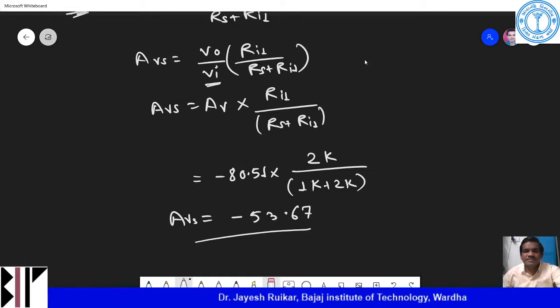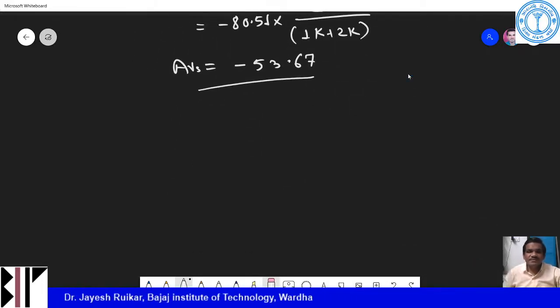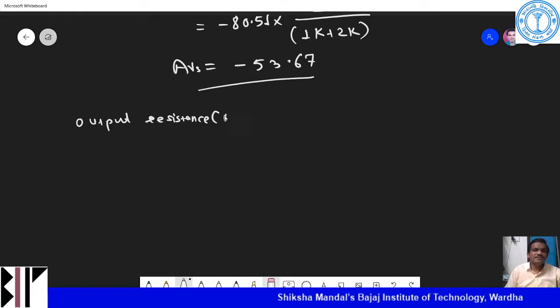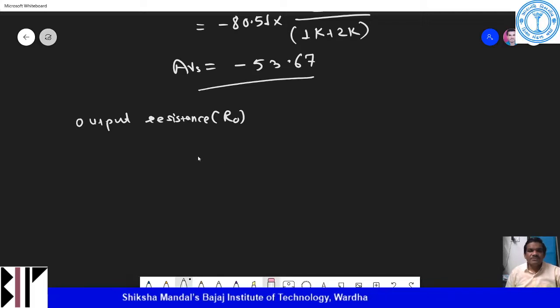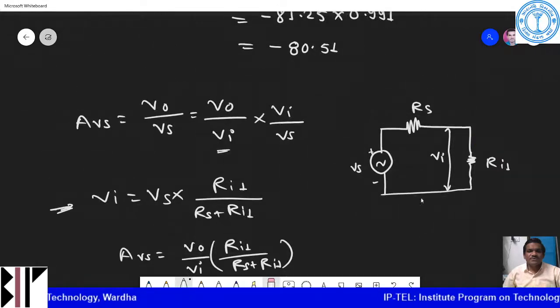Now in a similar way, we can calculate the output resistance, that is my RO.